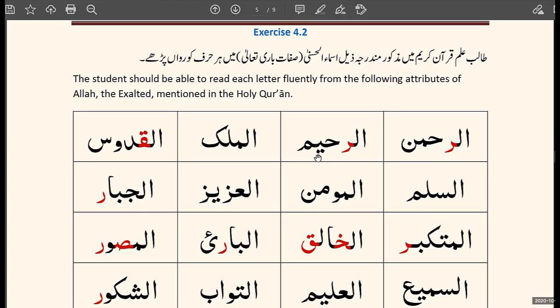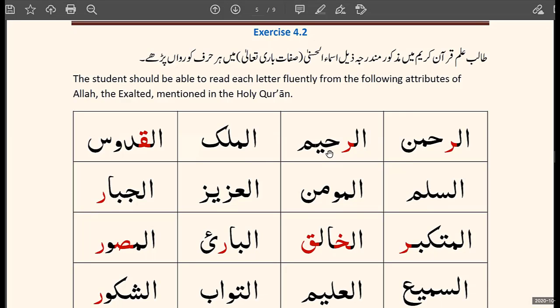From where? Starting from right. First box. Alif, Lam, Ra, Ha, Ha, Mim, no, Ha, Mim, Noon, yeah, Noon, Noon, yeah, Alif, Lam, Ra, Ha, Ya, Ha, sharp sound, Ha, middle of throat.